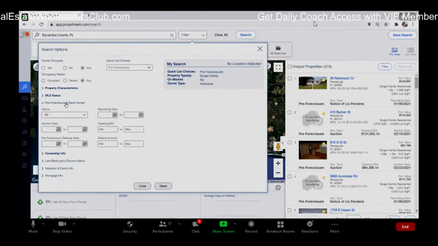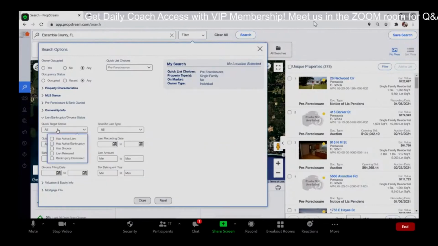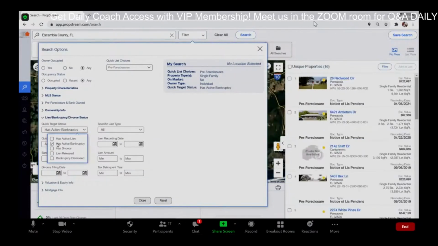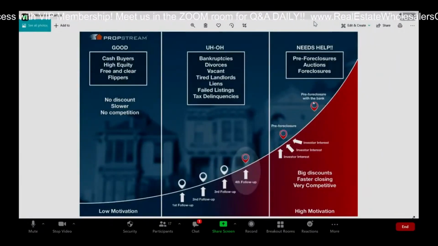But here's the list stacking part. We have other categories like the lien, bankruptcy, and divorce status. So not only am I looking for a pre-foreclosure, but what I'm looking for is a pre-foreclosure that also has an active bankruptcy, right? So what we did is we went through the 564 pre-foreclosures and added that bankruptcy, which essentially is telling me, hey, you owe the bank money and you filed for bankruptcy, which means there's probably no income coming in right now, right?